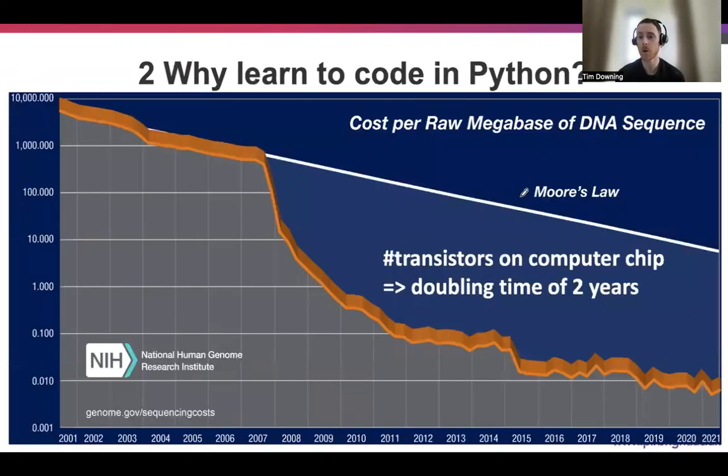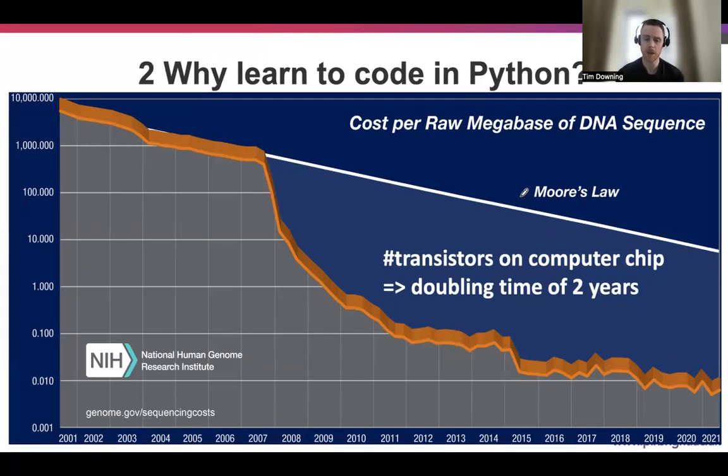So we want to learn to code because the volume of data that's being produced has dramatically increased over the past few years and is likely to continue to increase. You see that the increase in recent years is roughly comparable to Moore's law, which reflects the number of transistors that can fit on a computer chip, and Moore predicted that would have a doubling time of about 2 years.